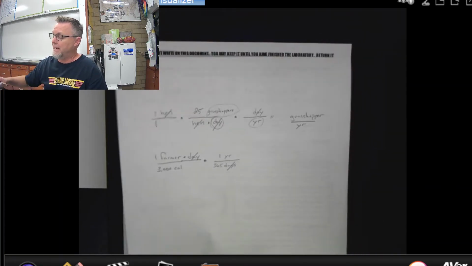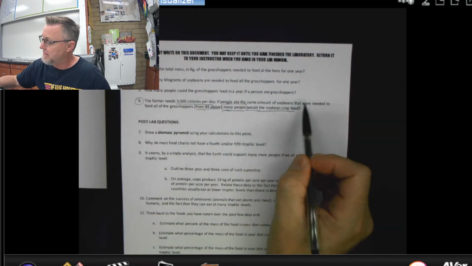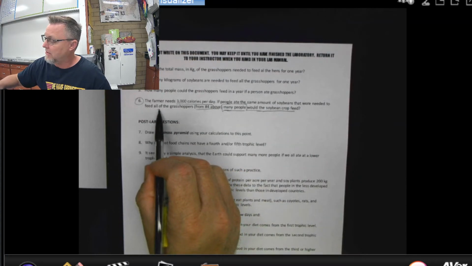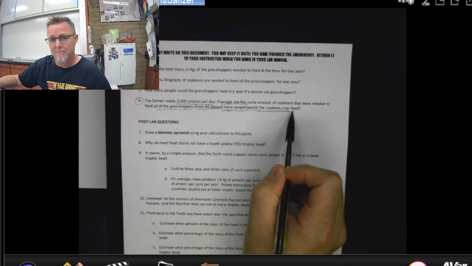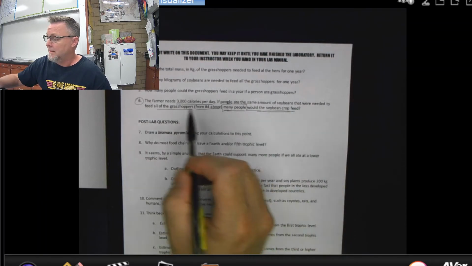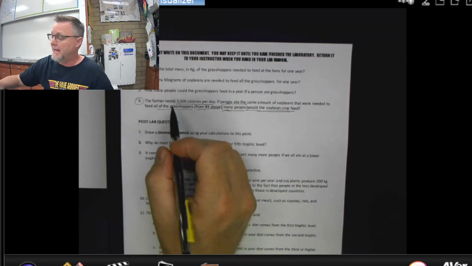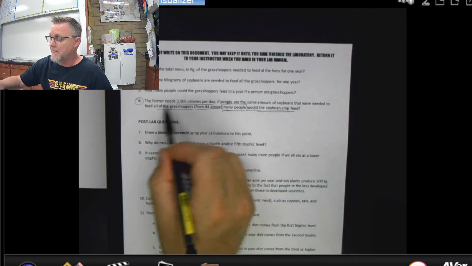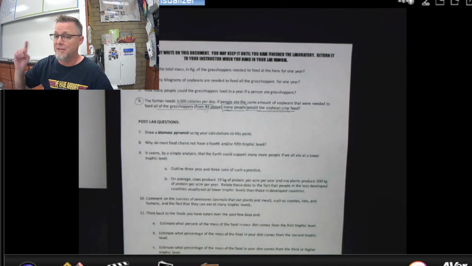Well, if we go back to the question, which is over here: if people ate the same amount of soybeans that were needed to feed all the grasshoppers, how many people would the soybean crop feed? I don't have unlimited food to pick from here. I have to use the volume of food that fed the grasshoppers from number 4 so I can figure out how many farmers could live off of that.